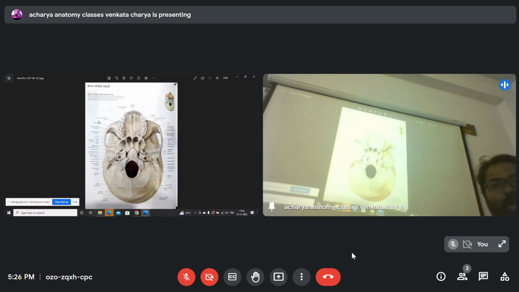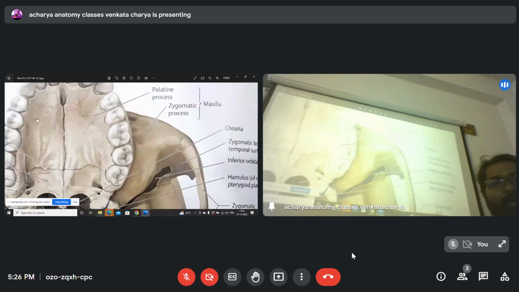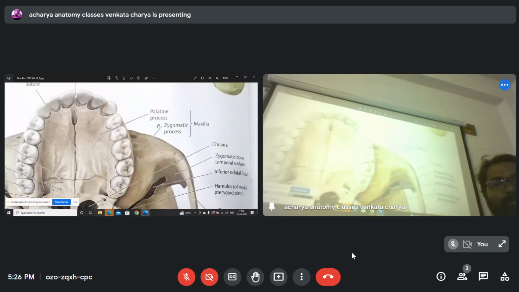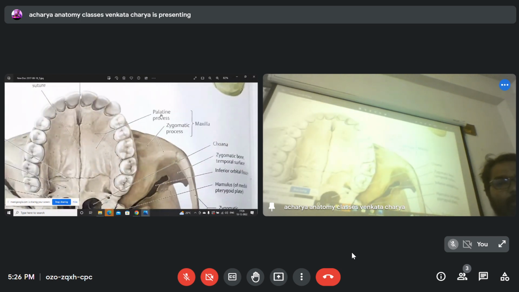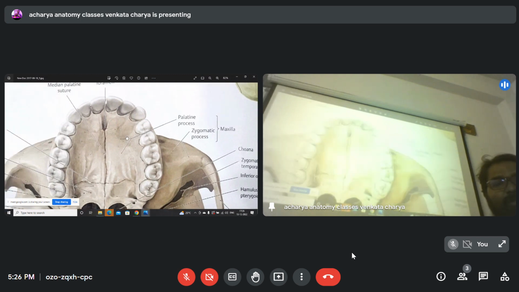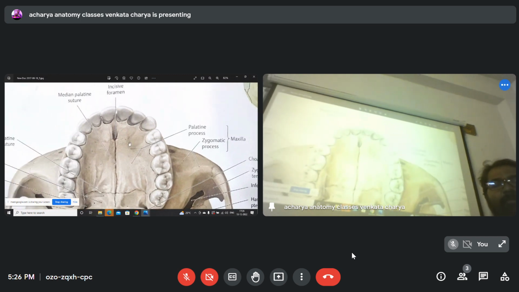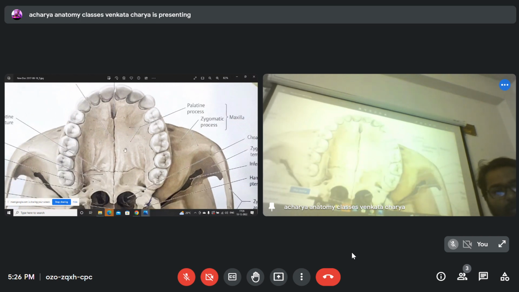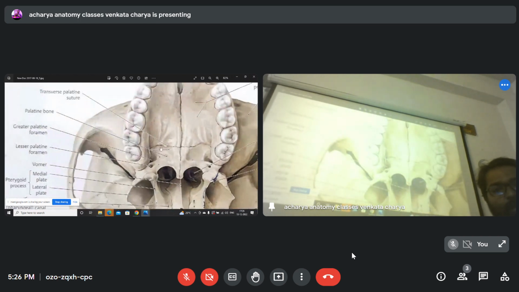Number one, the palatine process of the maxilla, and number two, the palatine bone.